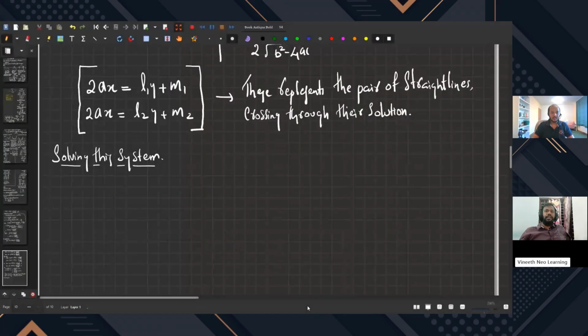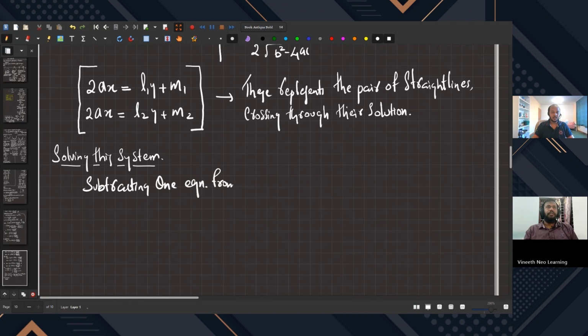I'll start sharing my board. You also write. Let's solve the system. Let's first find y naught here. Let's subtract one equation from the other.